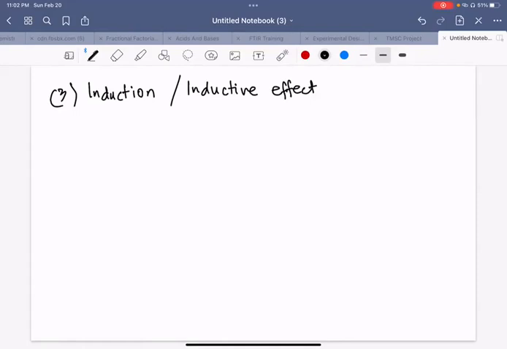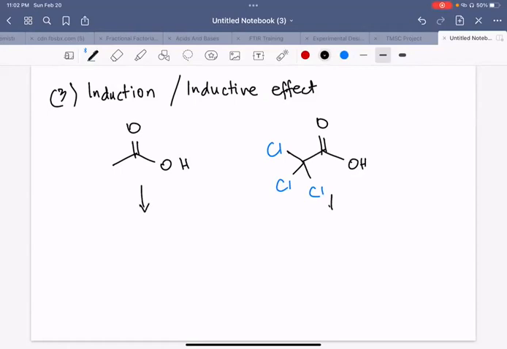Okay, so what if you have two compounds? First we deprotonate and convert them into their conjugate base.